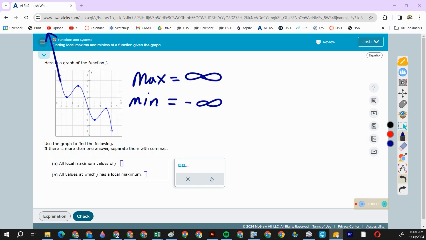But there are places where you have points that are higher than any points that are nearby. So I'm talking about those two places and these two places. And in polynomials, those places are very, very important. When you get to calculus, those peaks and troughs are extremely important.